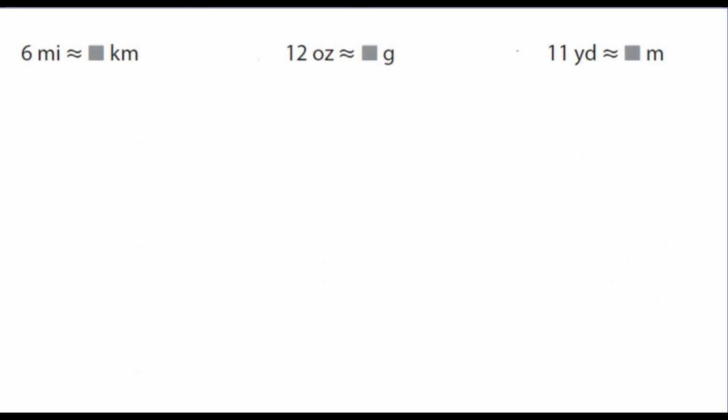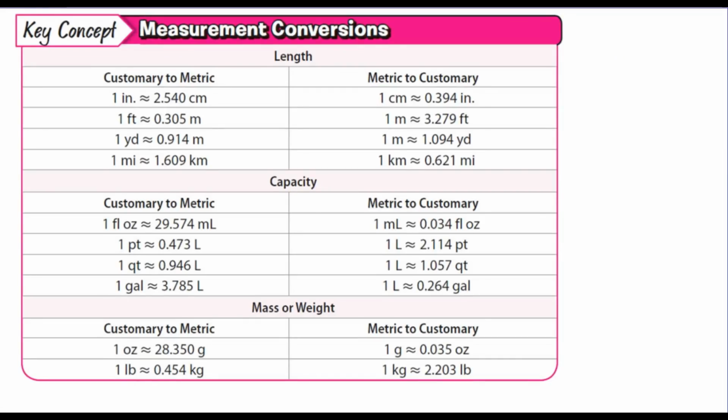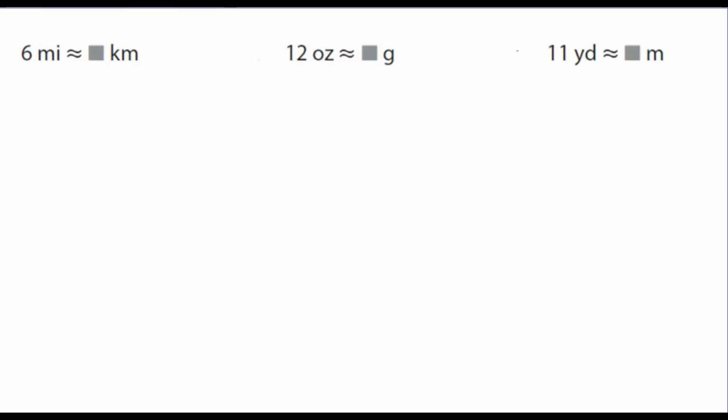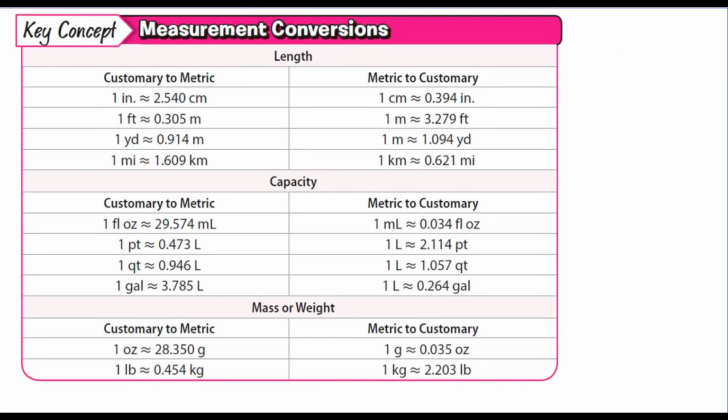So let's take a look at some examples of converting from one unit of measure or one system of measurement to another. 6 miles is approximately how many kilometers? Well, if I look back in this chart, I find the comparison from miles to kilometers. 1 mile is about 1.609 kilometers.